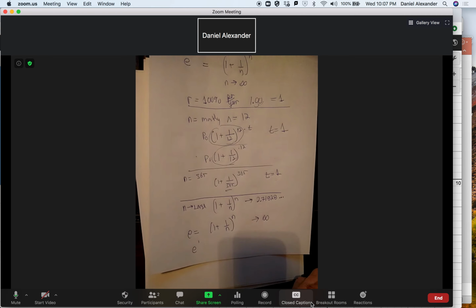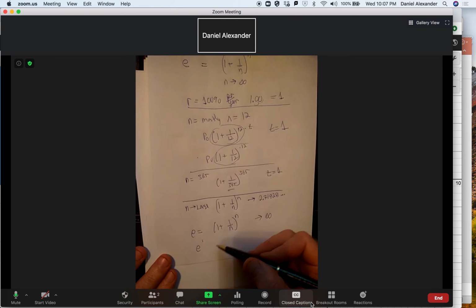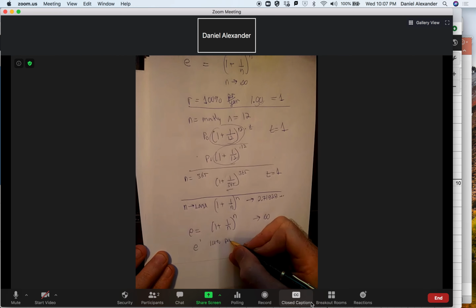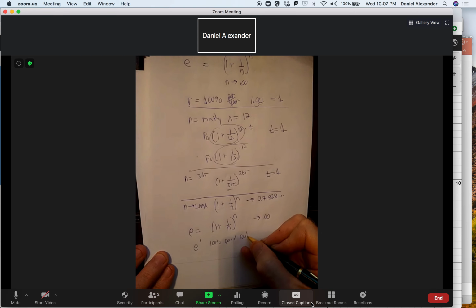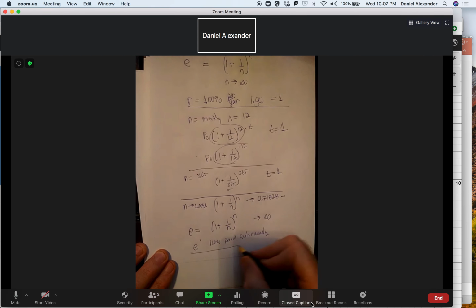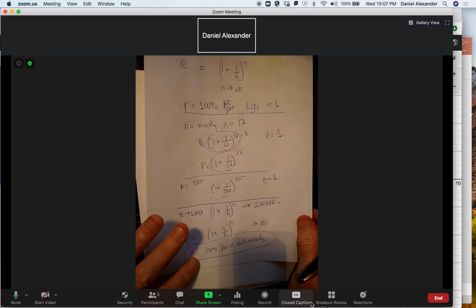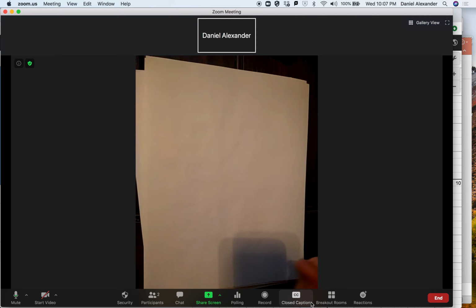The way to think about what it is, it's getting 100% interest paid continuously, so every instant, year-round. Again, you will see this in this context in other courses. One more thing about it.